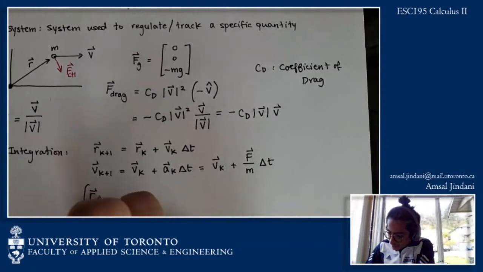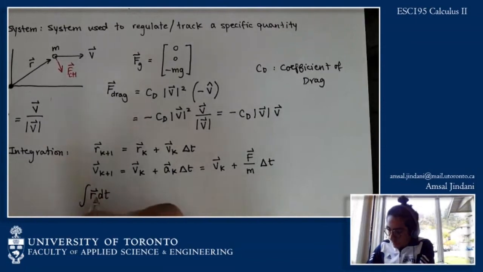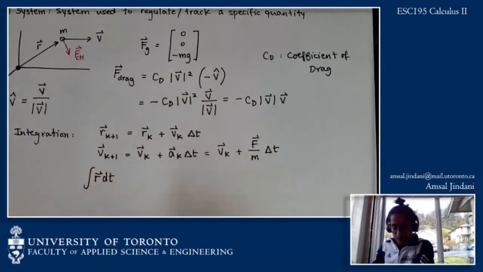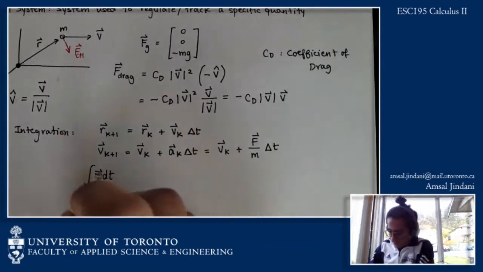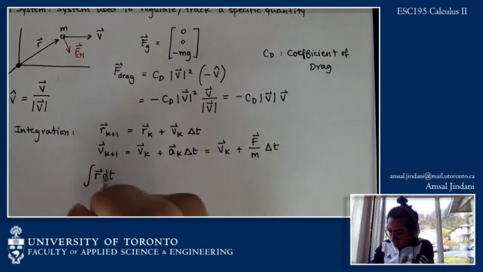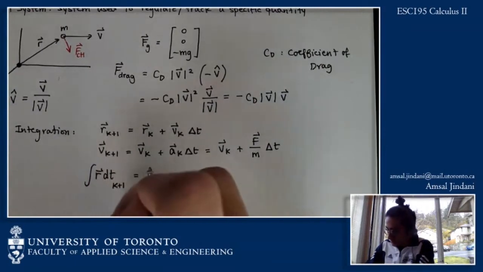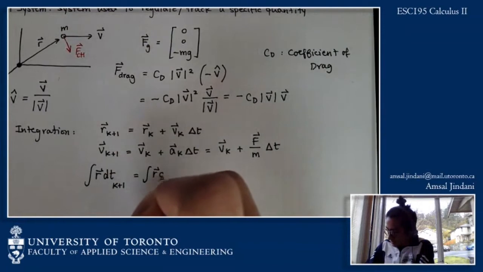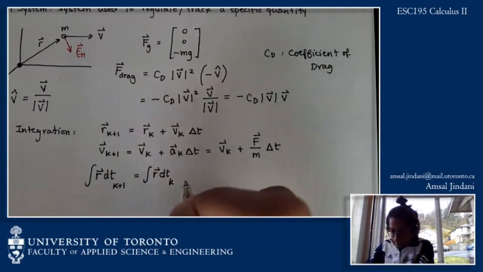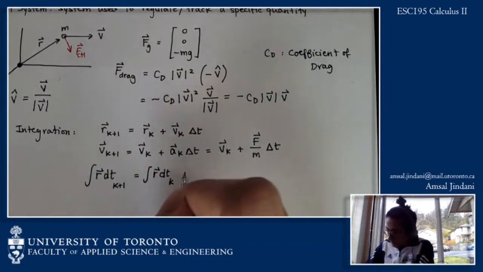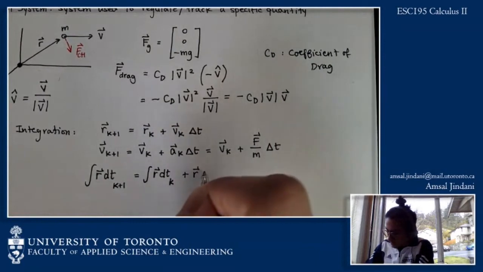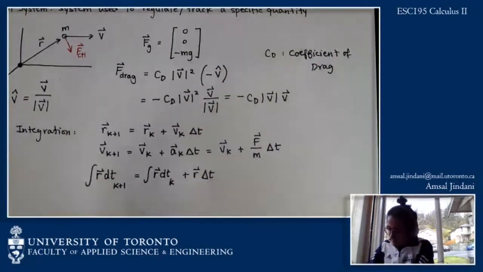But yeah, the last quantity that I want to track is the integral of the position vector with respect to time. And I'll tell you why later. The integral of the position vector in the k plus 1 time step, going from 0 to t k plus 1, is equal to the position integral from the kth time step plus position vector times delta t.